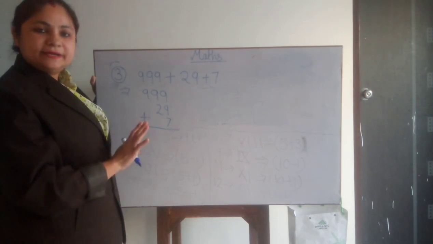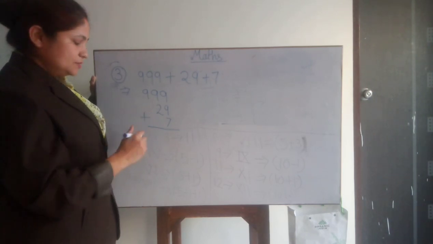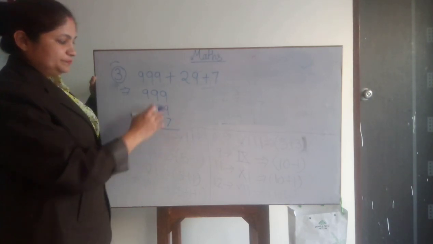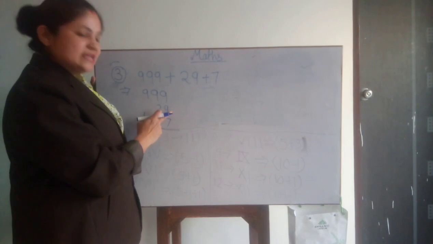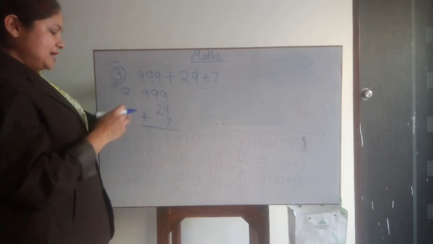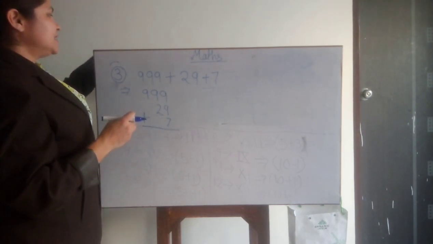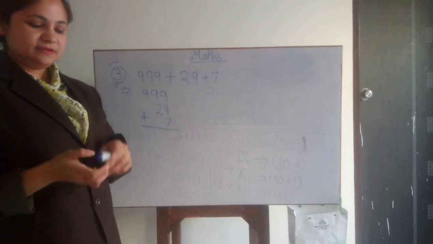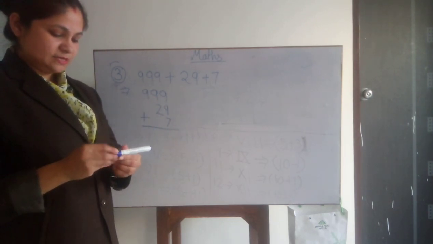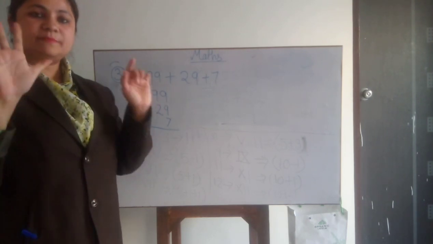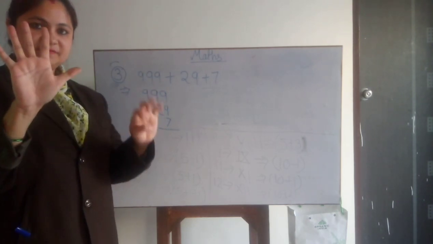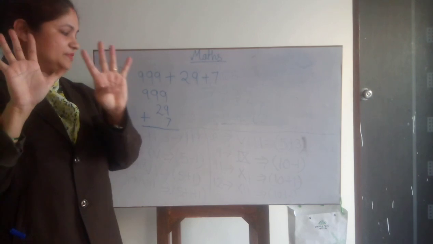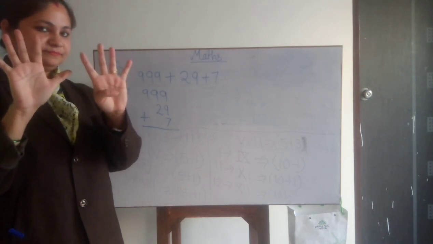Now we have to add it. Got it? So the same way, 9 plus 9. How will we add it? Look at my fingers. These are 5, these are 9.